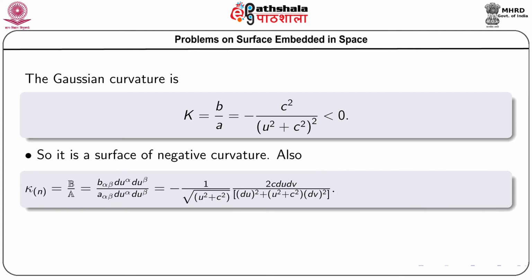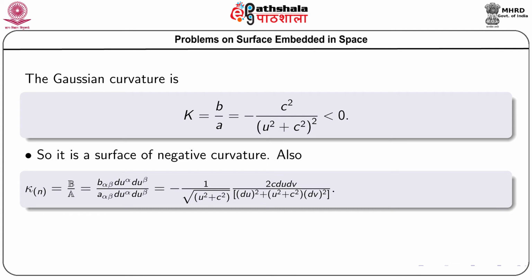And also the kappa n, we know that the normal curvature of a surface kappa n is equal to B by A, where B is the second fundamental form and A is the first fundamental form, and B is actually B alpha beta du alpha du beta, and A is A alpha beta du alpha du beta.